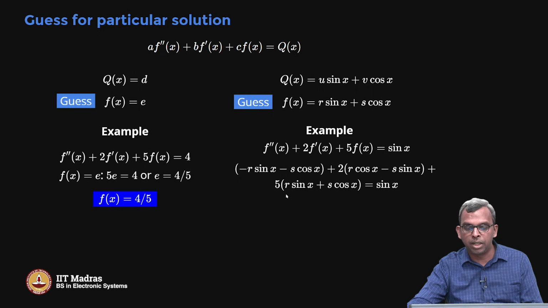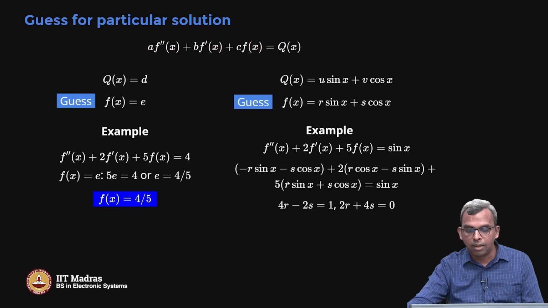I've substituted f of x equals r sin x plus s cos x, so 5 times f of x is just here. Then if I take a derivative, I'll get r cos x minus s sin x, so 2 times r cos x minus s sin x is 2 times f prime of x. Then another derivative gives minus r sin x minus s cos x, that is f double prime. So the sum of these three should be equal to sin x.